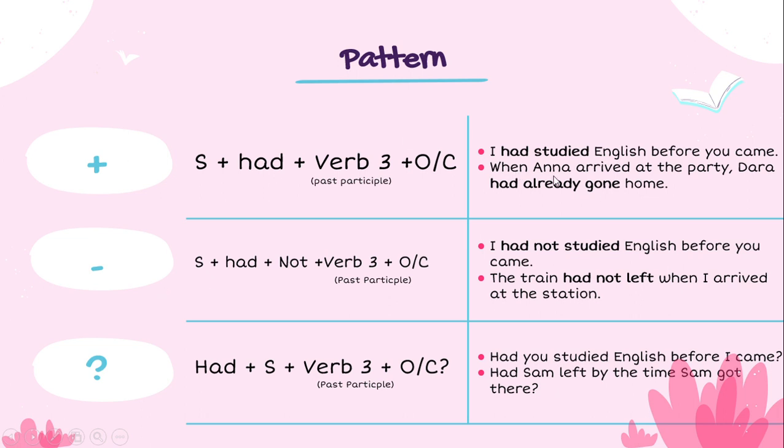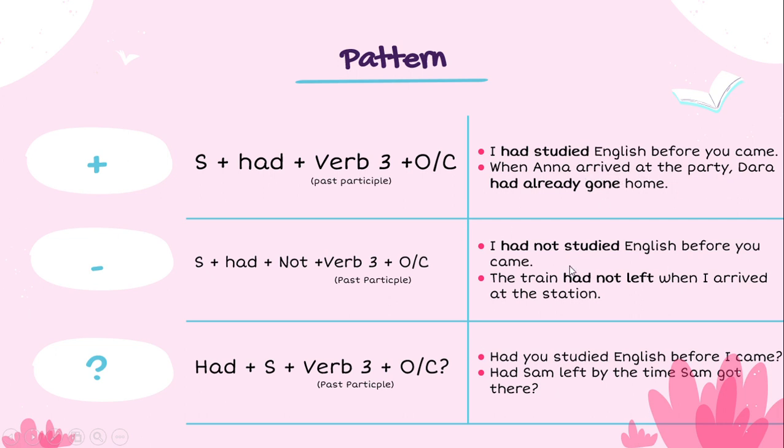Another example, when Anna arrived at the party, Dara had already gone home. The first action or activity, Anna arrived at the party. And the second one, Dara had already gone home. So Dara had already gone home happened before Anna arrived at the party.